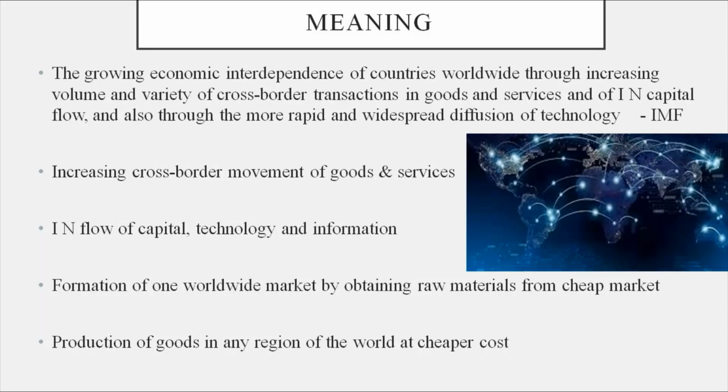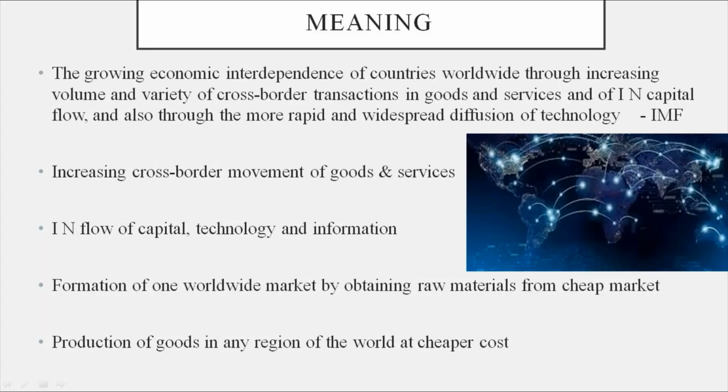Because of that, the volume and variety of cross-border transactions of goods and services from one country to another increases. The goods and services will be exported or imported, and one country will invest in another country, which is international capital flow, and also there is the more rapid widespread diffusion of technology.